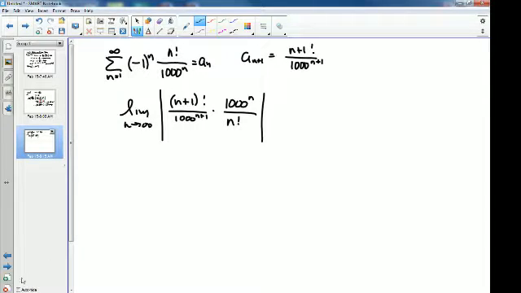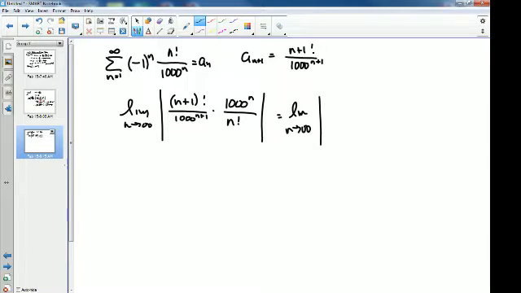Some people get good enough they can just write it out right now, instead of dividing them and rewriting it. Okay, so this is the limit as n approaches infinity.